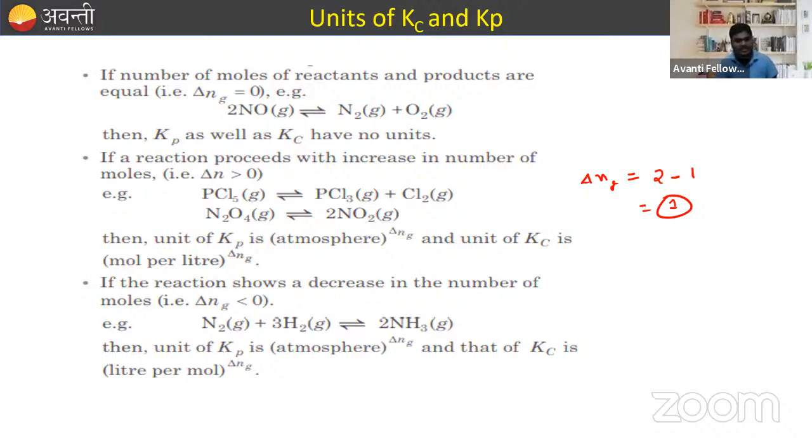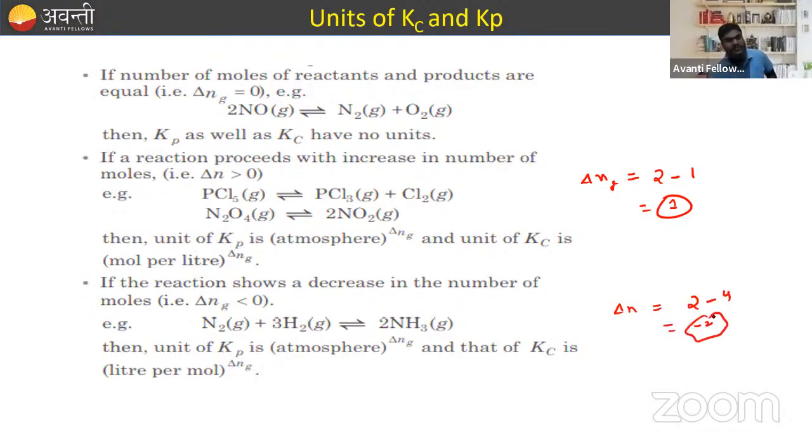If the reaction shows a decrease in the number of moles, that is delta Ng is less than 0, for example N2 plus 3H2 giving 2NH3. On the product side we have 2 moles of NH3, so we can calculate delta N as 2 minus 4, that is minus 2.